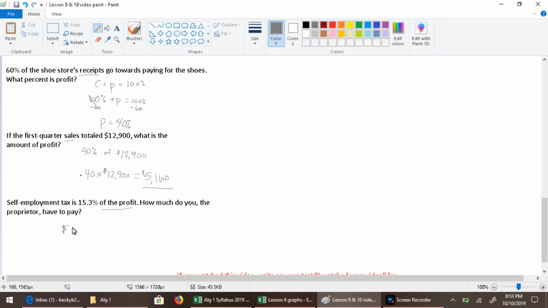So we can say 5,160 times this in a decimal. So change to a decimal, we move it over 2 places, so we have times 0.153. And that answer, I will let you determine yourself. So 5,160 times 0.153. And that's the answer to that one.